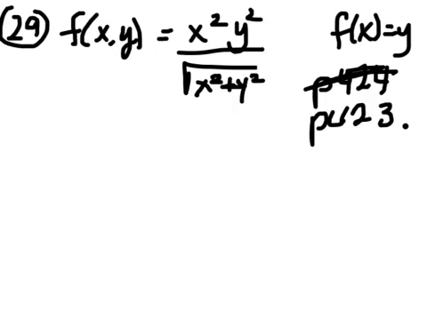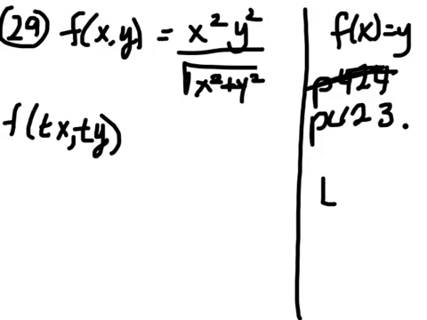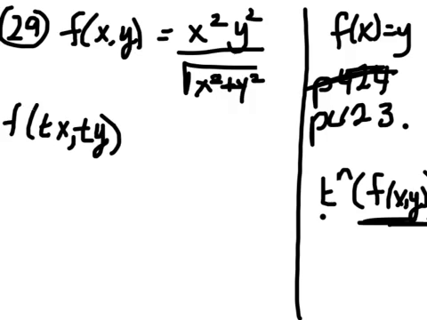For instance, I can say, all right, I'm going to multiply my x and my y by some term t, and I don't really know if t is a number or another function, but I'm going to multiply through by t, whatever that is. It will be differentiable if, when I get done, I can factor t to some power out of my original function. My answer should look like the original function times t to some power.